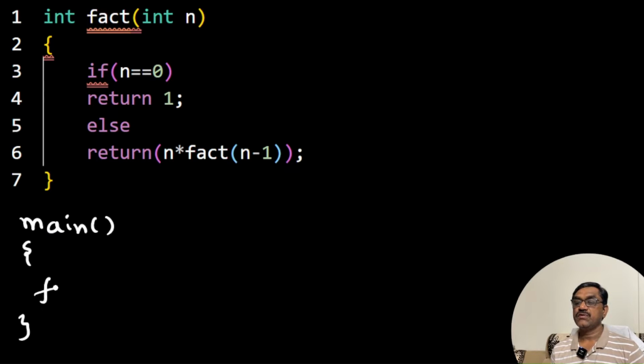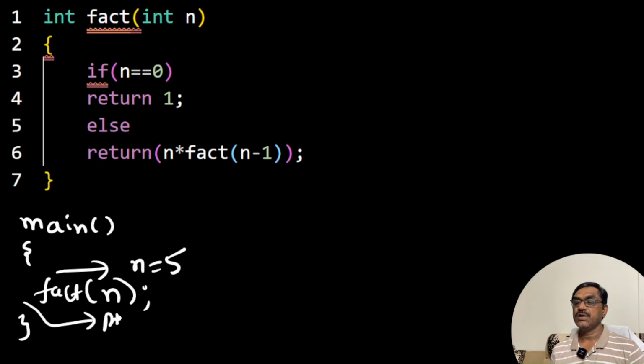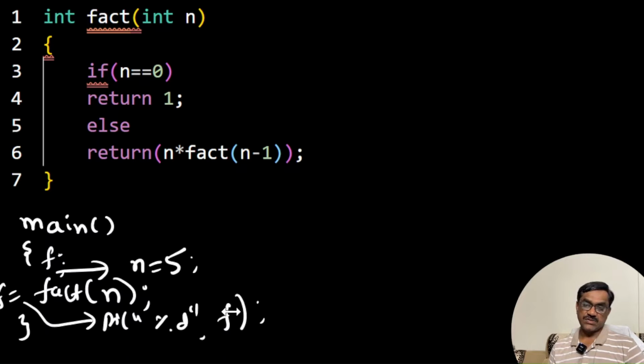What is the function we are going to call? Factorial, and we are passing the value n. We are assuming that the n value is 5. And we are printing the factorial here, with percentage d, and here some variable I am writing, f. Roughly I am writing, f equals fact of n, and here I am printing f. Just rough code I am writing.